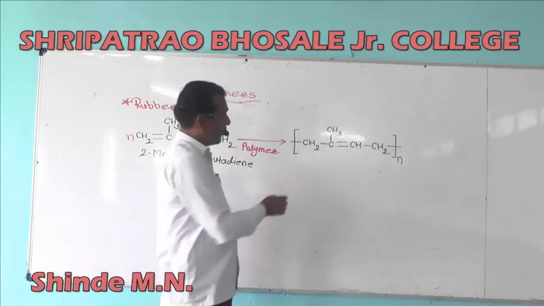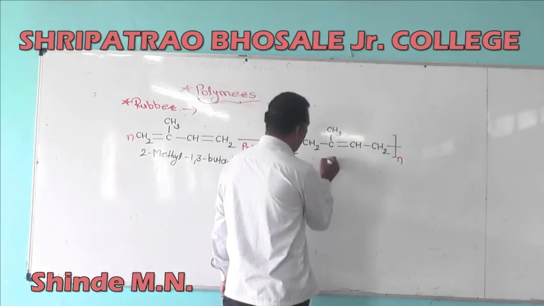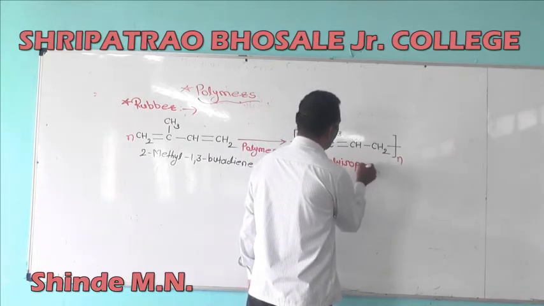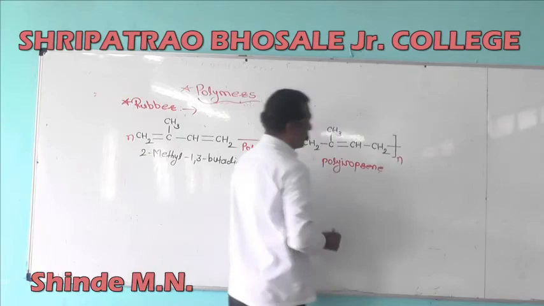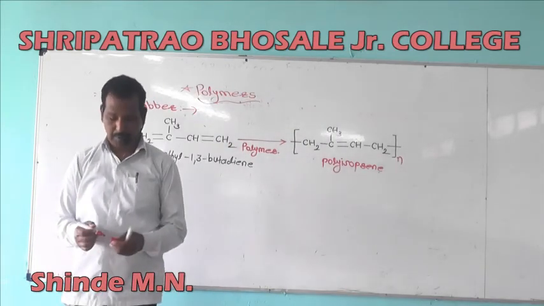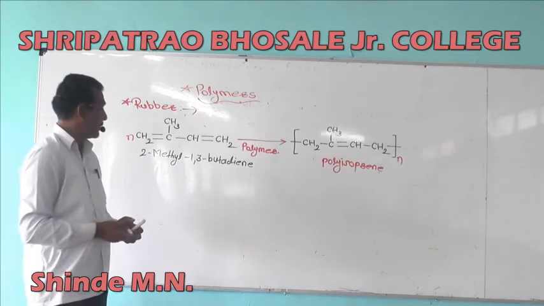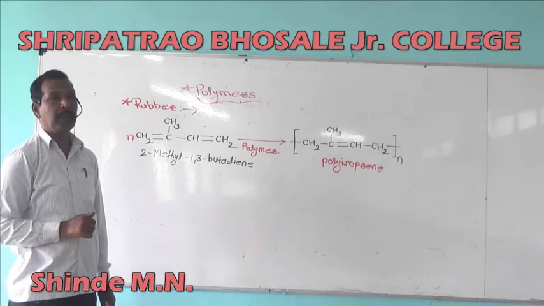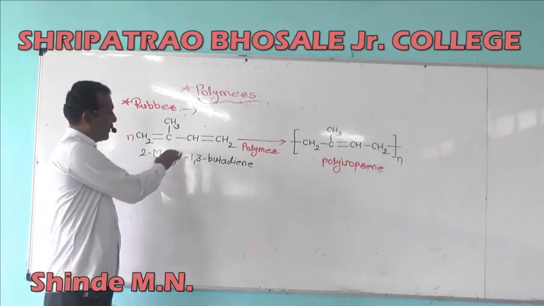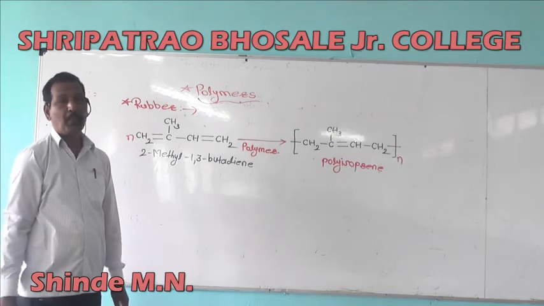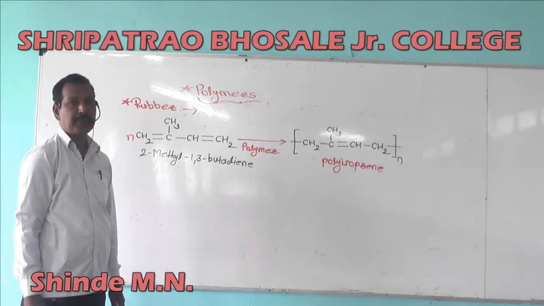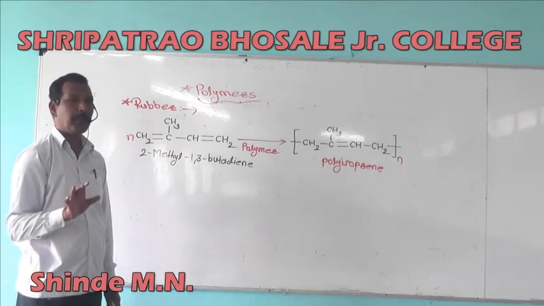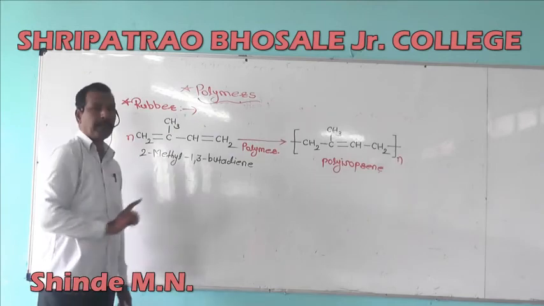So this polyisoprene unit is formed, polyisoprene or rubber. In this way the formation of rubber takes place: the isoprene units undergo polymerization and form polyisoprene units. So the monomeric unit of rubber is isoprene.